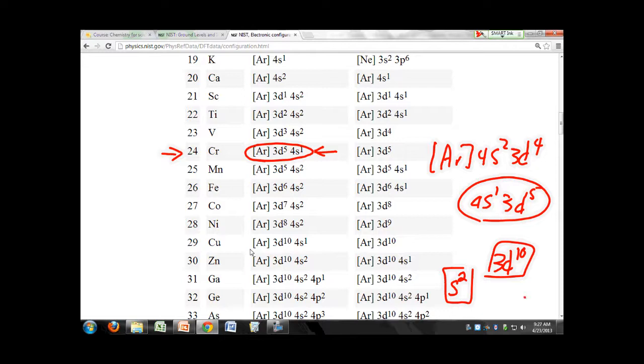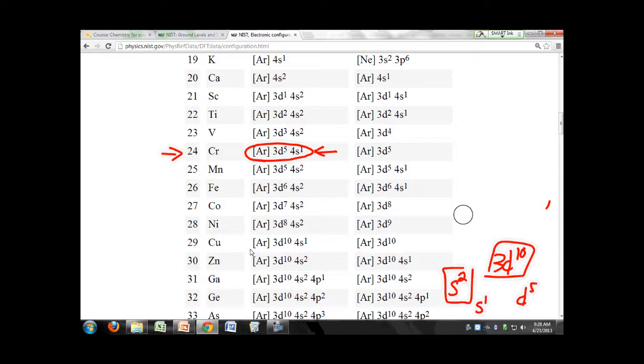So a half-filled D subshell would be D5, and a half-filled S subshell would be an S1. Somehow if you could switch electrons around so you have half-filled subshells or fully filled subshells, they seem to lead to a more stable electron configuration. That's the explanation that's given for these exceptions.